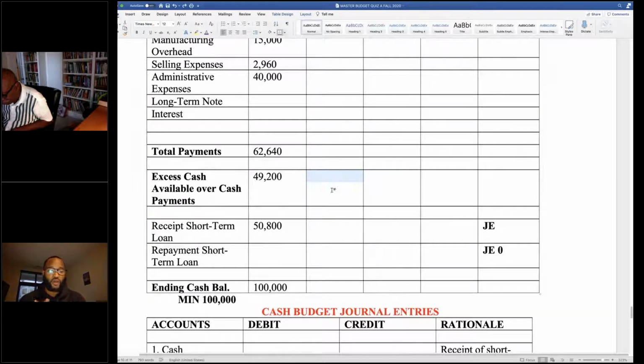So, Professor Boyd, a question about the minimum account balance. Do we use that same one each time? The bottom number's got to be at least 100,000. Will it ever change? Well, you have to check the assumptions. Sometimes it's 200.